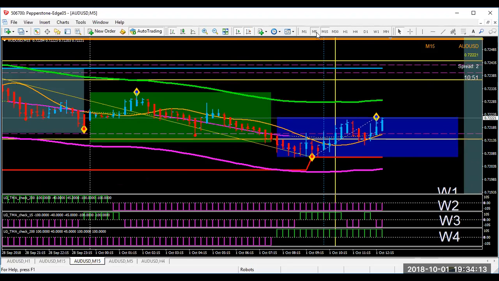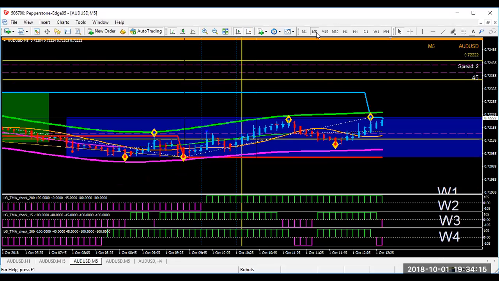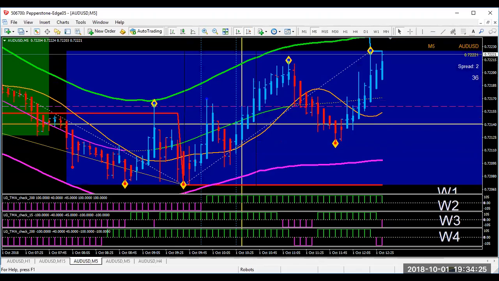You can only do this with confirmed vertical lines from higher time frames. Once again, this vertical yellow line was on top of the blue vertical line in the 30 minutes.